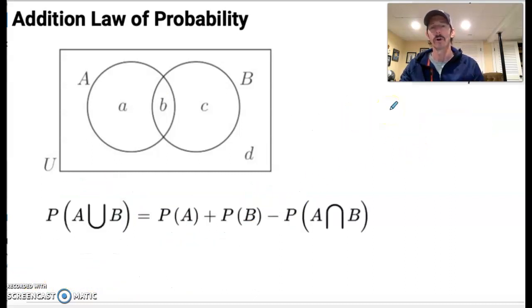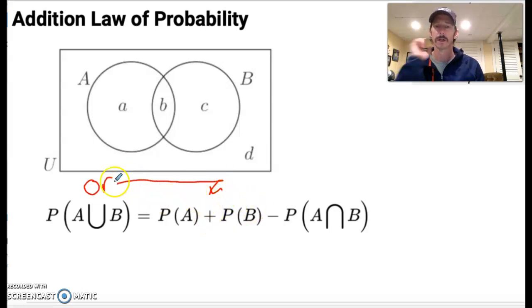So the addition law for probability goes with the union. So this is OR, and OR means I add. I said that before, that's the rule. OR means add. But if there is some kind of intersection, if I don't take that intersection away, then that B got double counted.